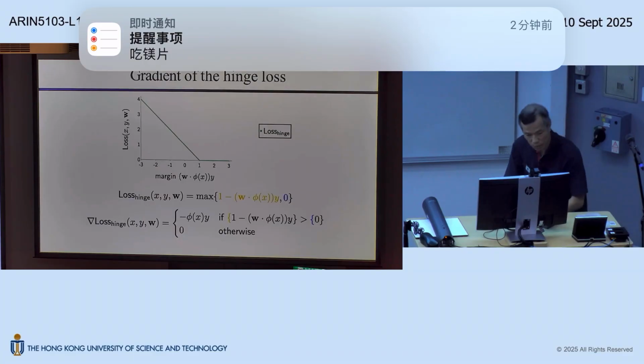The key difference with the 0-1 loss is that the 0-1 loss almost always has 0 gradients, so you don't know how to update. Whereas here, when you are here, you have non-zero gradients, and so you can update.